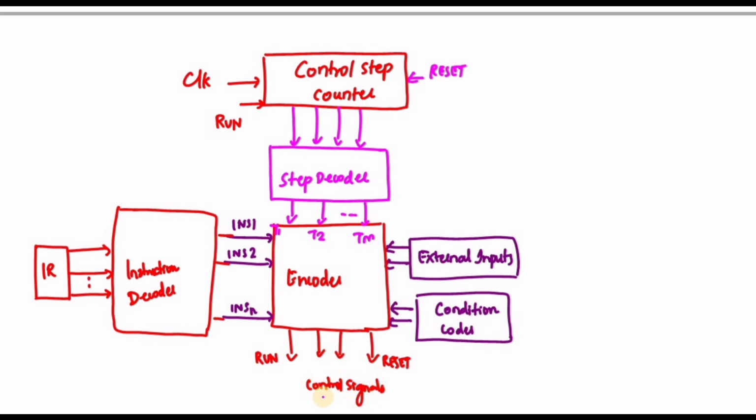So I told you this, each step must be completed in one clock period, right? So this control step counter will keep track of this control steps. Okay, based on the clock.